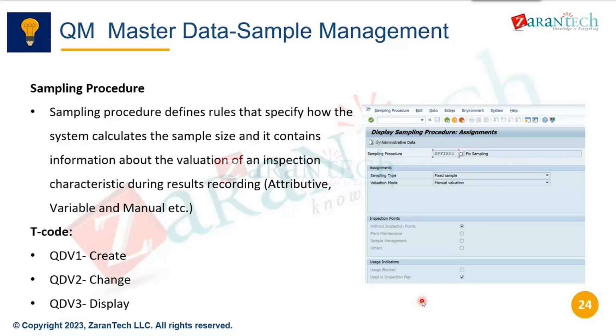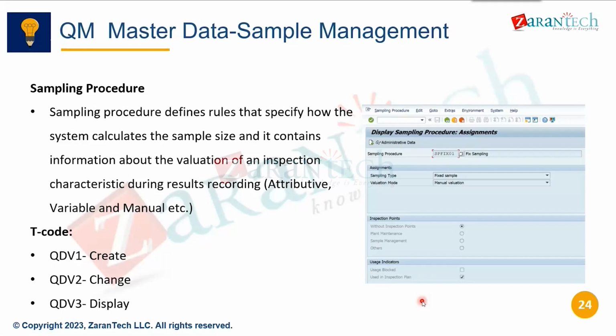Plant maintenance, if it is for inspecting equipment, you need a different sampling procedure, because for equipment and products, the same sampling procedure will not be used. If you are using a sample drawing procedure, then you always have to go with sample management. This is important.